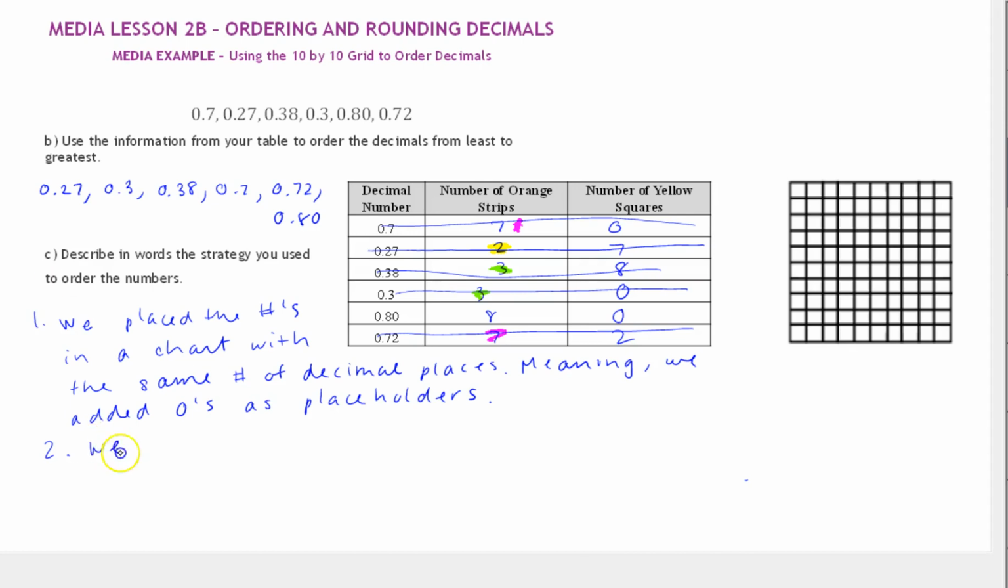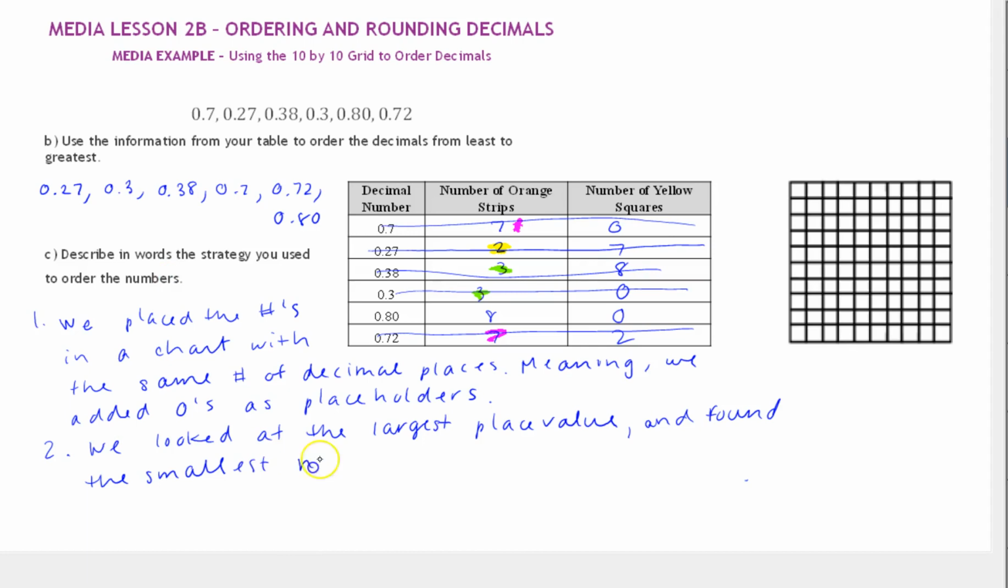Then we looked at the largest place value. So in this case, the largest place value was the number of orange strips. And found the smallest number.